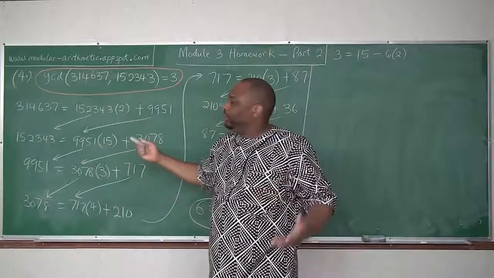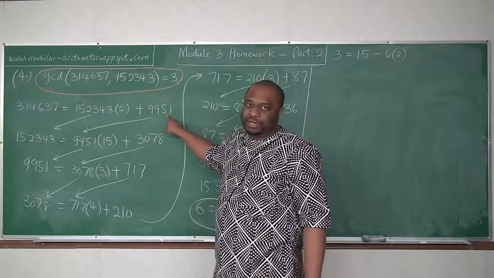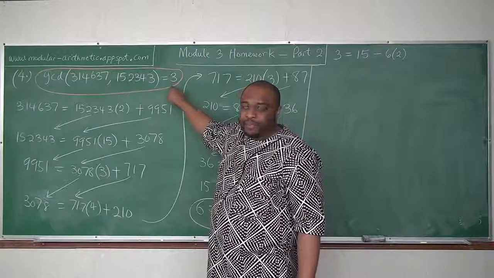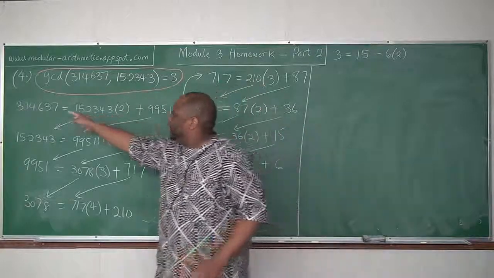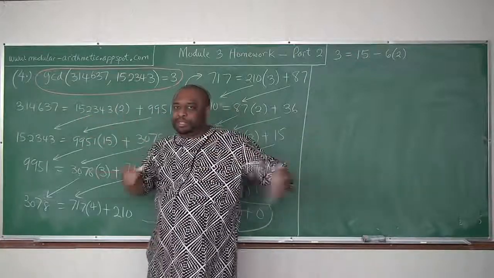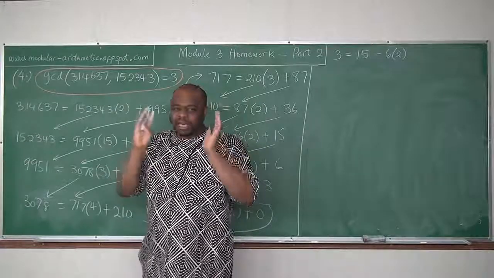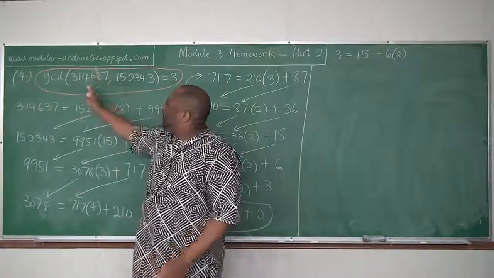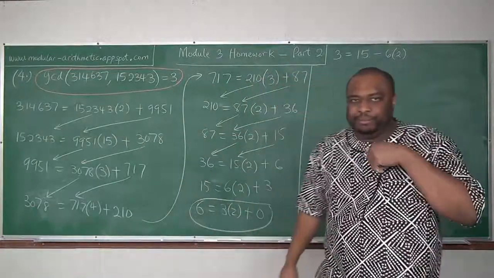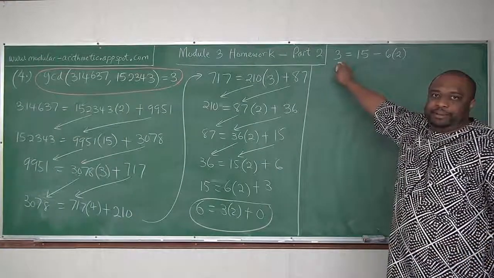You might ask me, why don't you just go ahead and use this? This is 9951, it's not the GCD. We are going to use this 3 and we will get back something times this plus something times this, or minus something. It could be plus, it could be minus. It's going to be a linear combination of the dividend and the divisor. It has to be that. We're not going to change this 3. The 3 will be there.